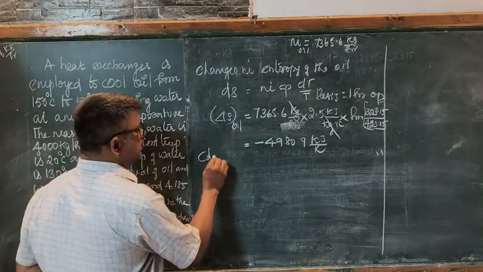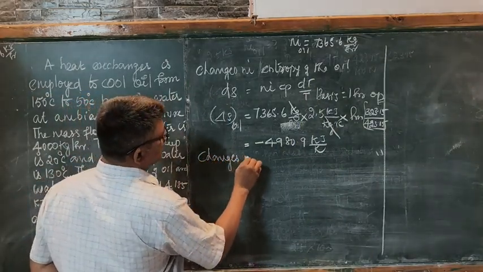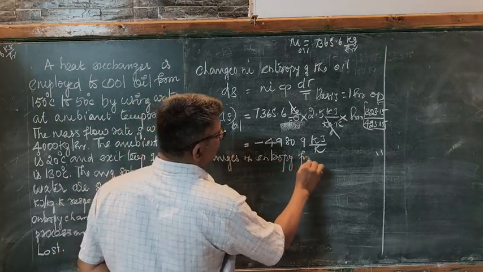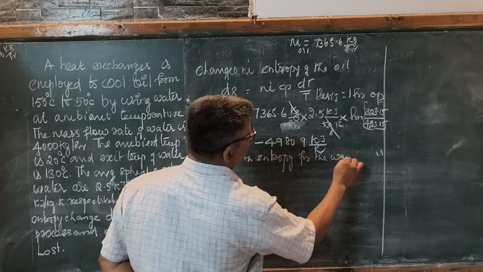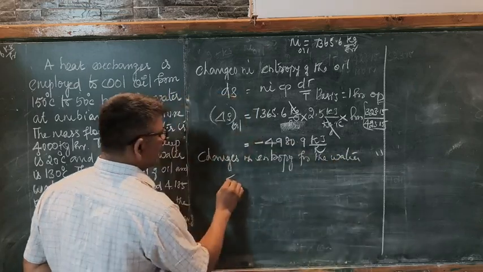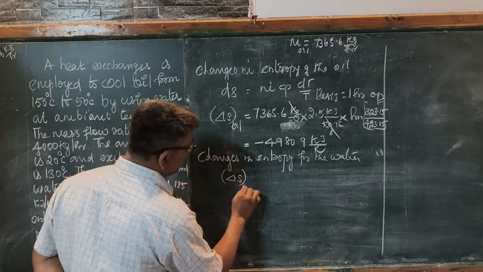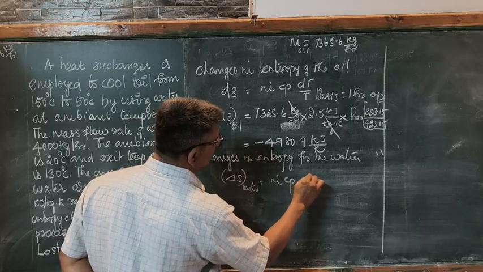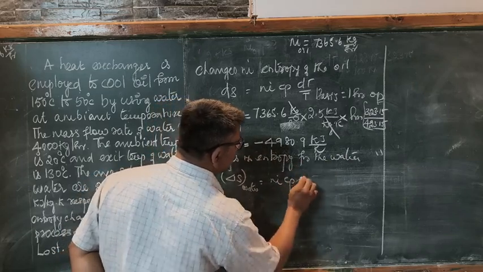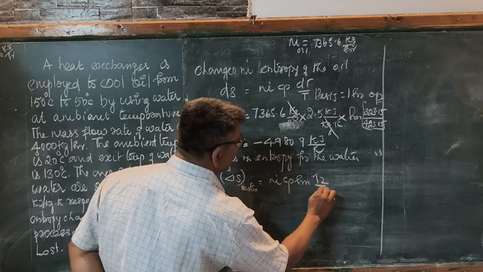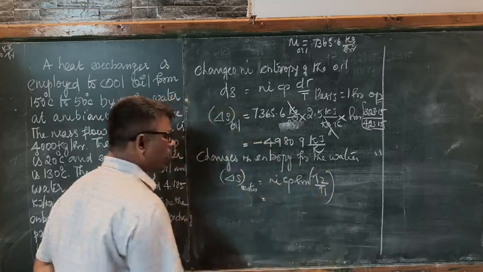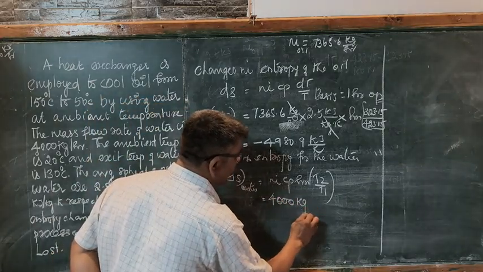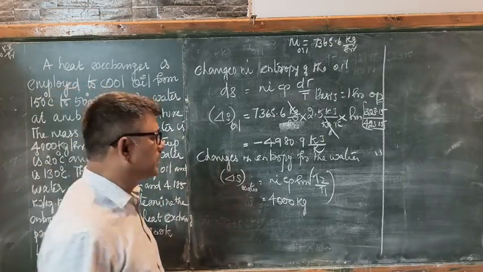What next? Changes in entropy for the water. Again the same equation. The finite change in entropy of water is equal to m dot Cp dT by T, that means ln T2 divided by T1. So the mass flow rate of water is 4000 kg per hour. This is 1 hour operation, hence the hour is cancelled.